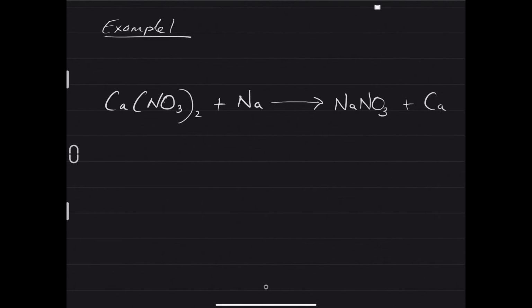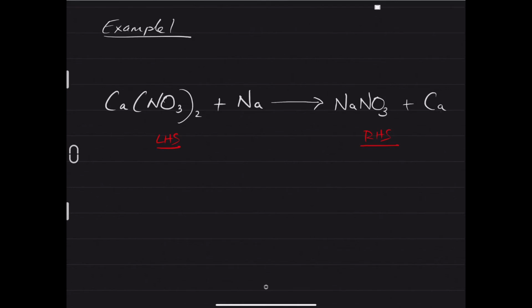you have more oxygens on the left-hand side, so let's identify the sides that we're dealing with. We have the left-hand side here, and we've got the right-hand side here. Now, you can automatically see that the number of atoms for each element does not balance out for the left-hand side and the right-hand side.